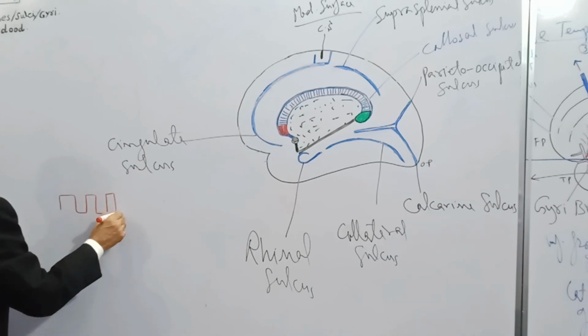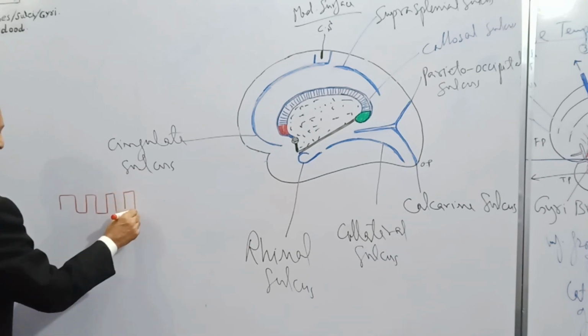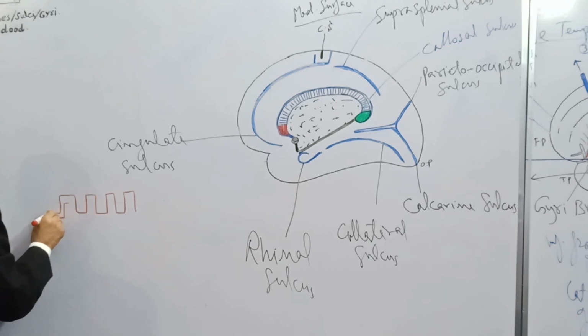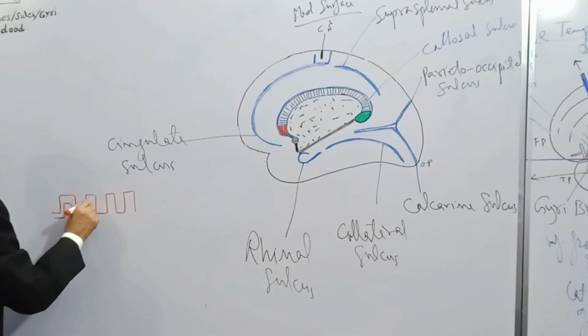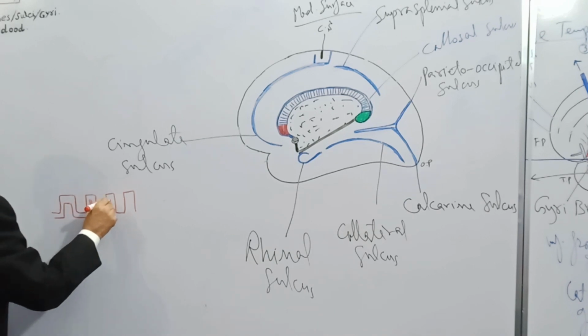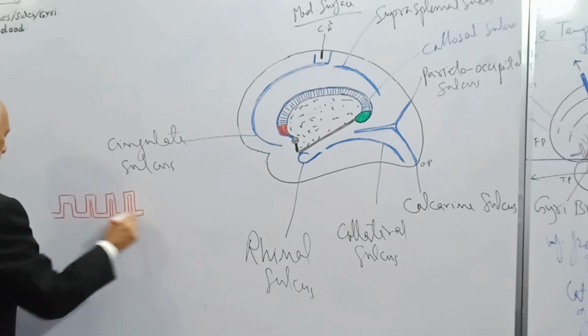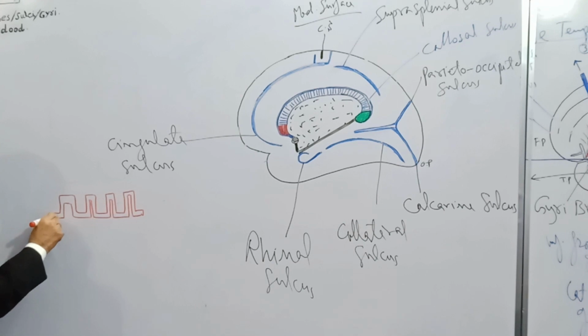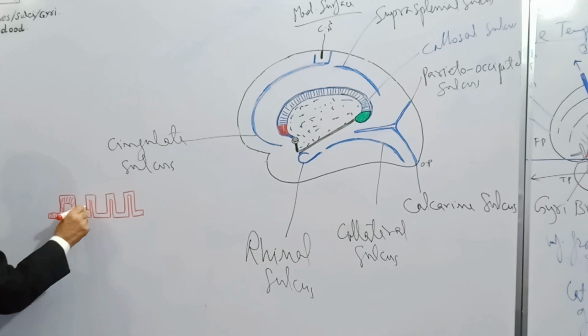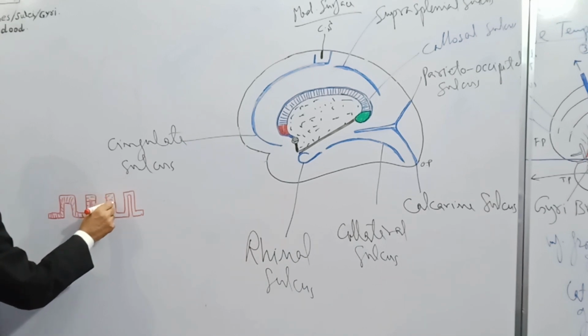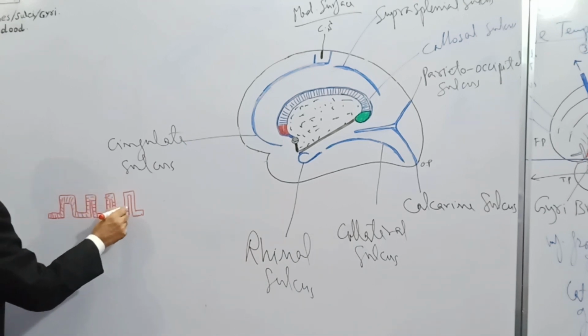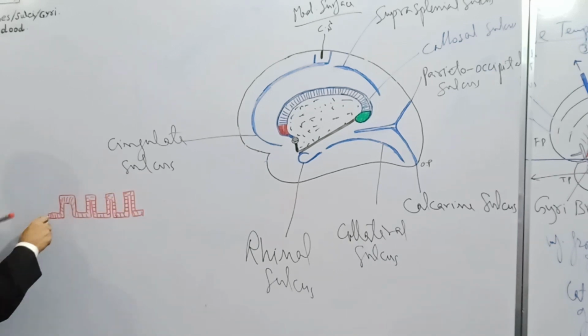These are the gyri and sulci. Now this is cerebral cortex, gray matter. And this is white matter.